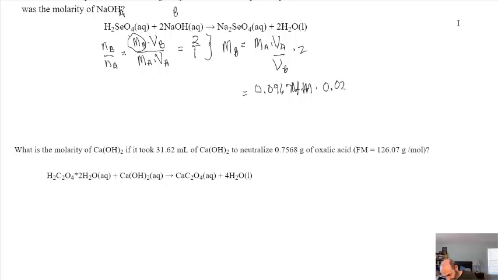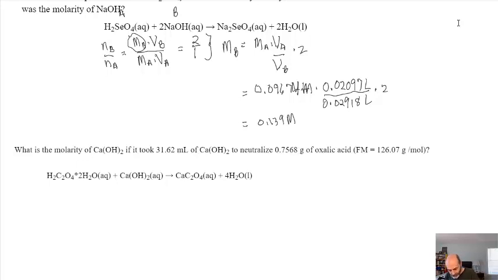Let's, for the purposes of this problem, convert that to liters, and then we divide by the volume of the base, which in liters is 0.02918 liters, and then multiply it by 2. The answer then, after doing the arithmetic, I believe should be 0.139 molar.